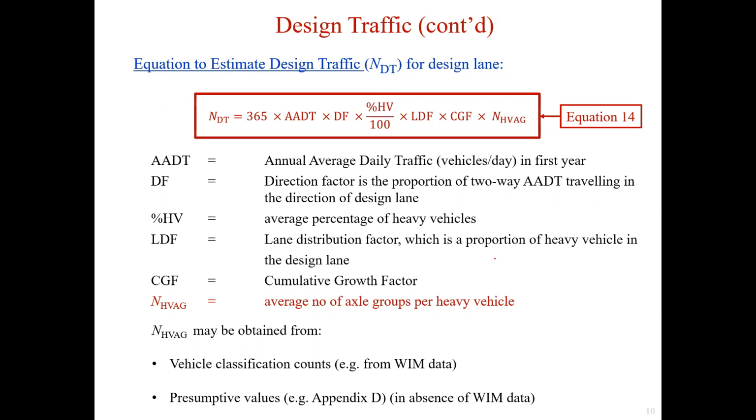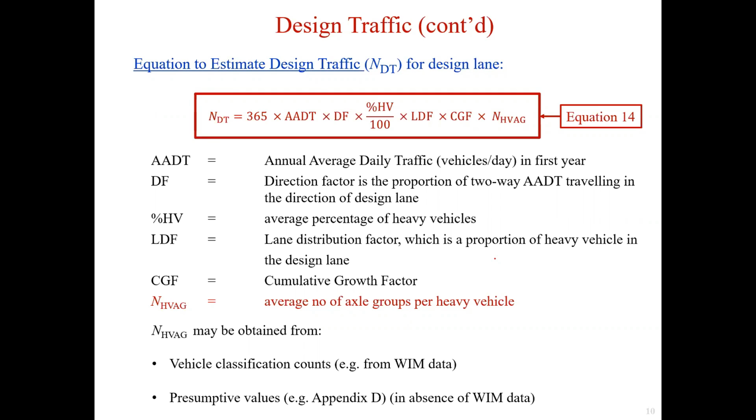The AADT is the annual average daily traffic in the first year, and DF is the direction factor, which is the proportion of two-way AADT traveling in the direction of design lane. A direction factor of 0.5 means traffic is divided equally between both directions. The percentage of HV is the average percentage of heavy vehicles.